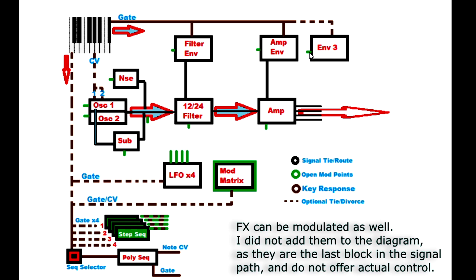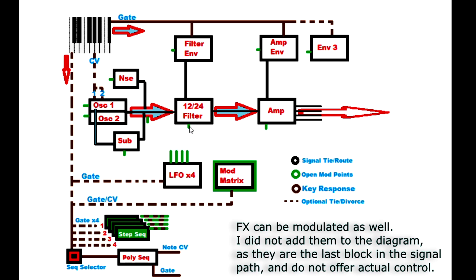You can do that. Maybe you want a few things to go to envelope 3 to control how it behaves. You can do that. That's what open mod point is. Amp envelope, same thing. You can have multiple things going to the amp envelope to control its behavior. Filter, same thing. Filter envelope, filter cutoff, and all of that, same thing.